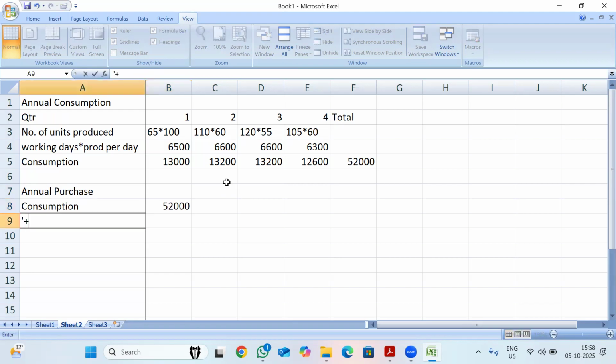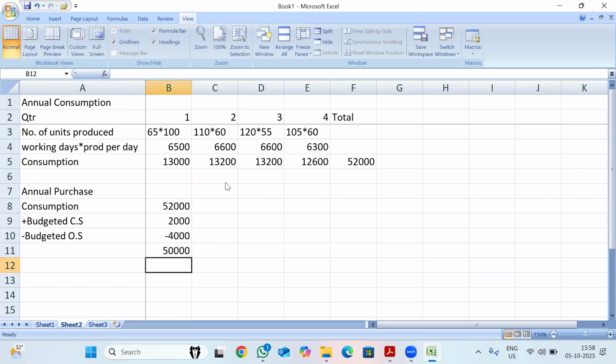Here I want to add my budgeted closing stock, because I need to produce those units also, right? So 2,000 kgs I require at the end, less budgeted opening stock. That is opening stock I am having is 4,000 units.